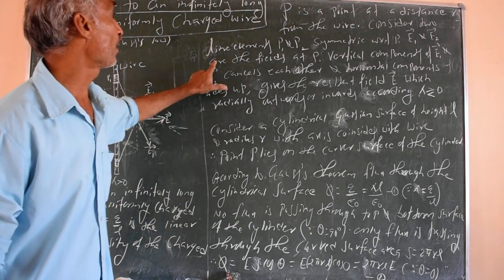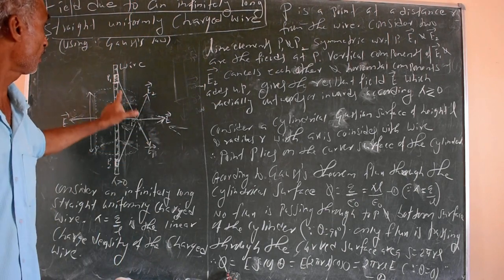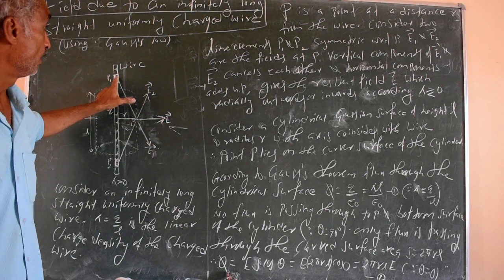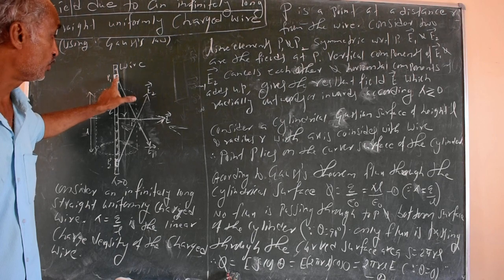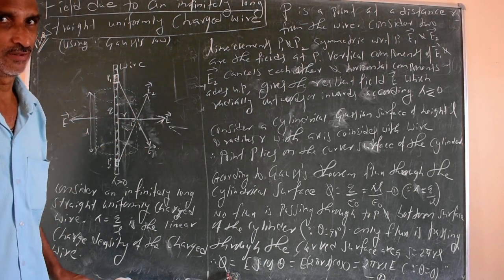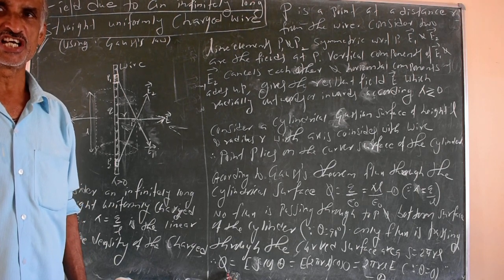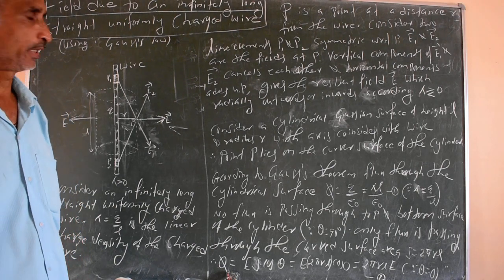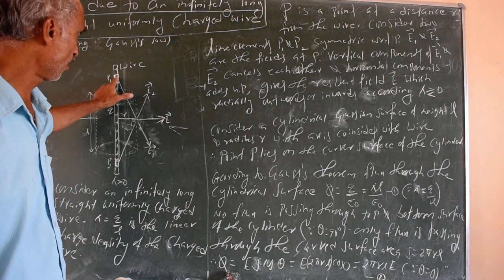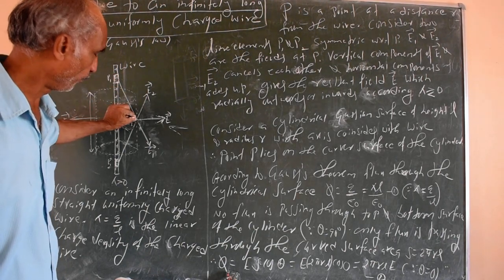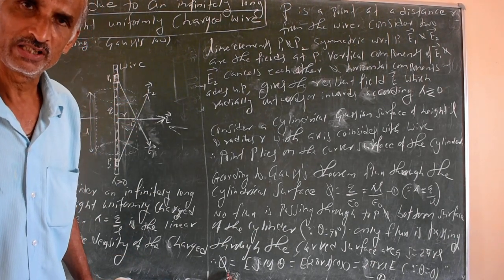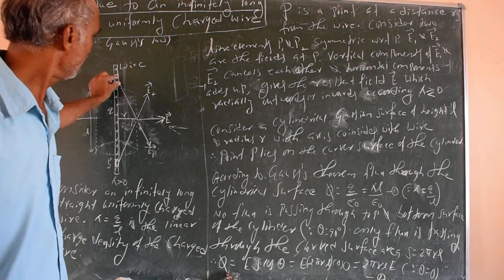E1 bar and E2 bar are the fields. What is the direction of the field? It is along the line joining the charge and the point. In the beginning of the electric field, it is taken as radially outwards or radially inwards. Radially means along the line joining the charged element and the point.